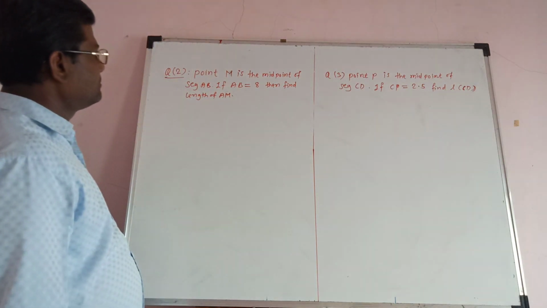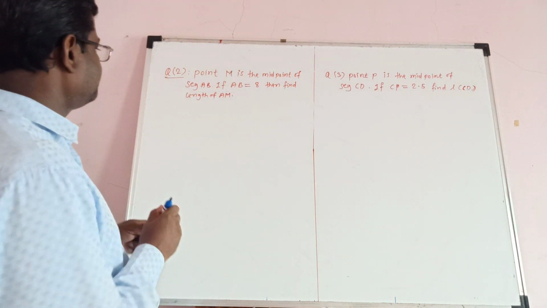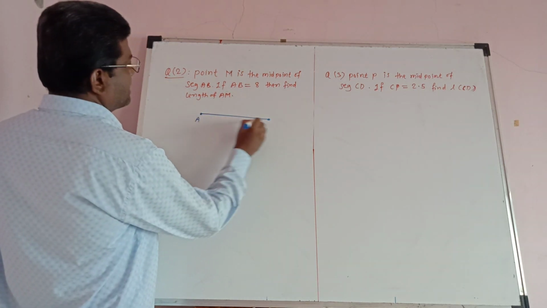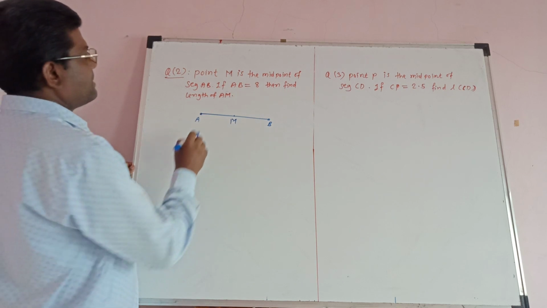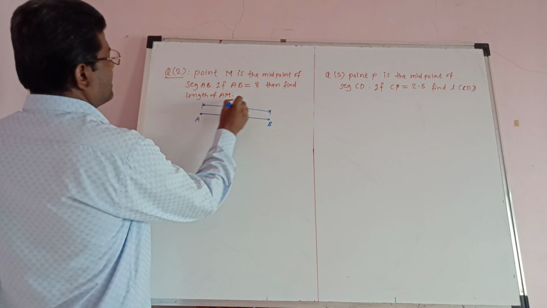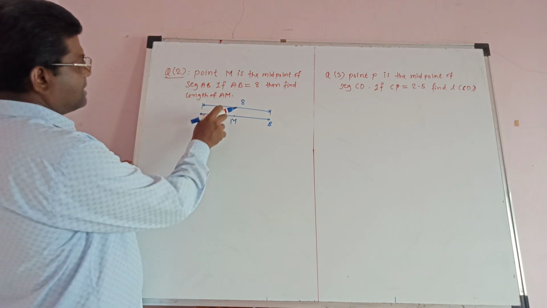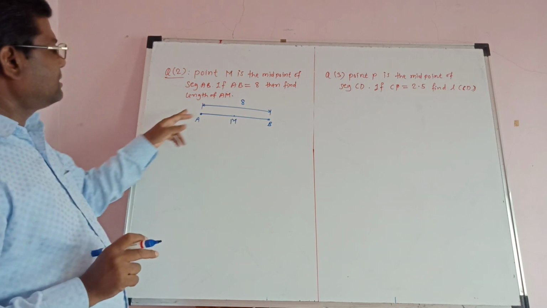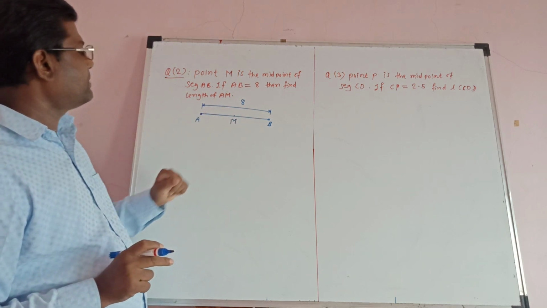Question number 2. Point M is midpoint of segment AB. Draw segment AB. This is segment AB and M is a midpoint of segment AB, and AB is equal to 8. Then find length of AM. Length of AM is 1/2 into length of AB, because M is a midpoint of AB.